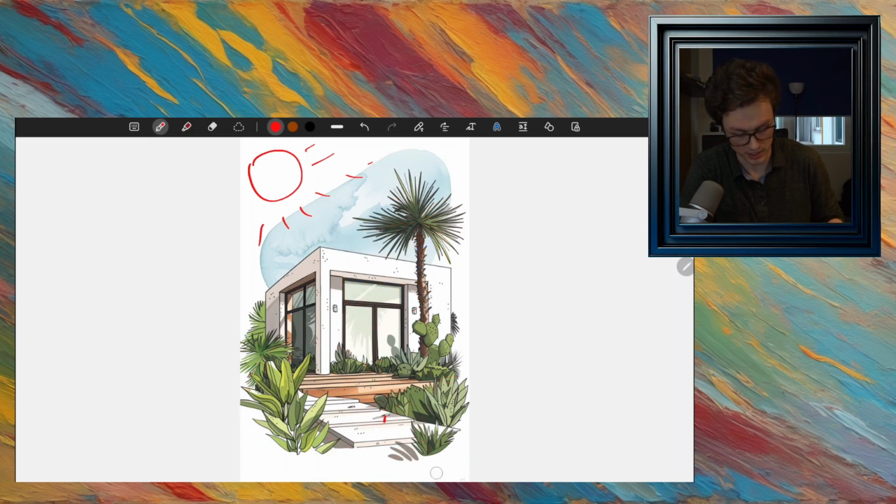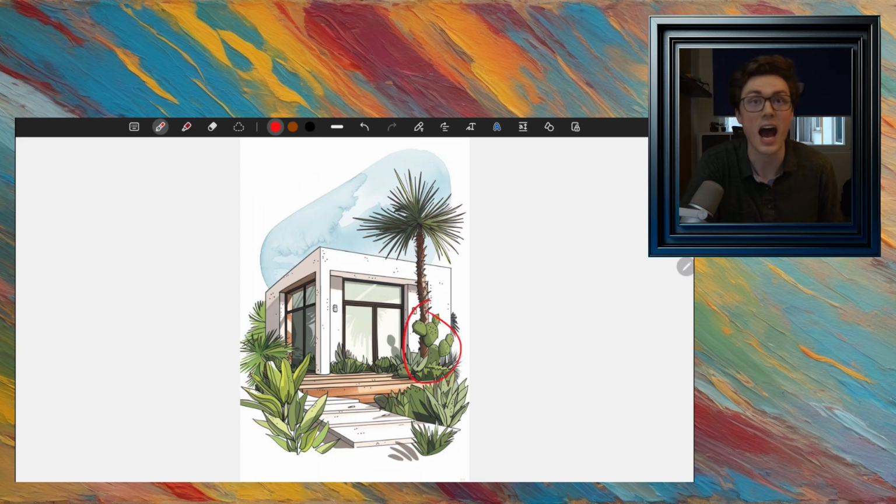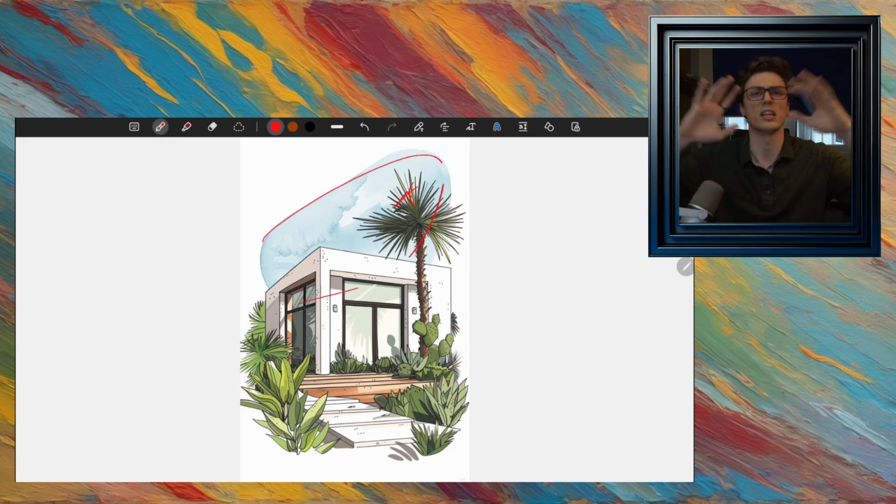Because cactuses, that's this, a cactus, cacti maybe is the plural, live in the desert where there's not very much water. So same with these kinds of trees. They are from the desert. The sky is also very blue, and there's no clouds.